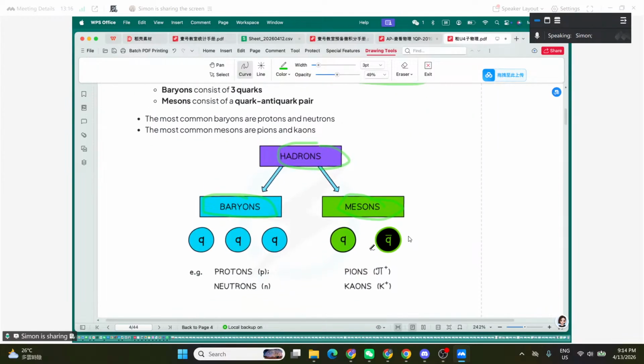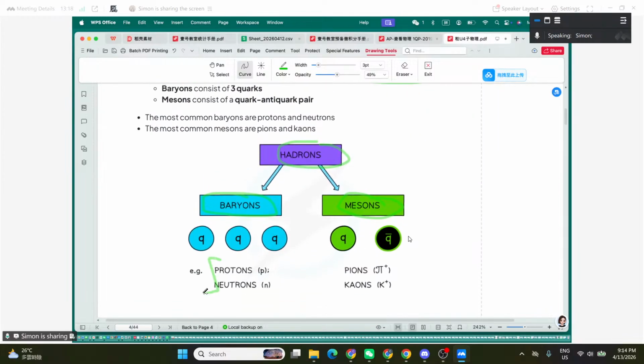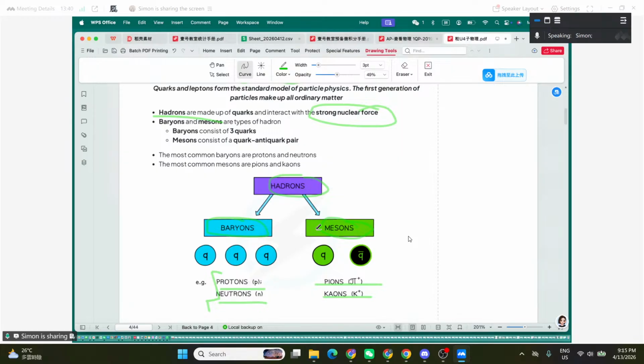The baryon has two examples: the first is the proton, the second is the neutron. As for the mesons, one particle is the pion, and another is the kaon. If a force happens between hadrons, baryons, or mesons, we call the force the strong nuclear force.